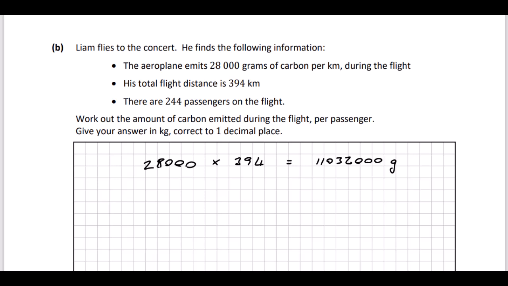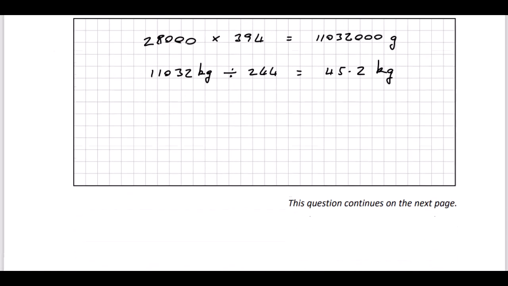There are 1,000 grams in a kilogram, so it's 11,032 kilograms. And you've got to work out the amount of carbon emitted during the flight per passenger. So there are 244 passengers, so we're going to divide by 244, and that'll give us 45.2 kilograms. And that's it for part B. Let's look at part C.